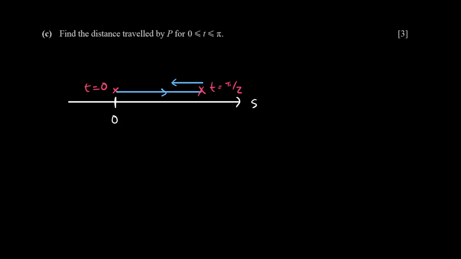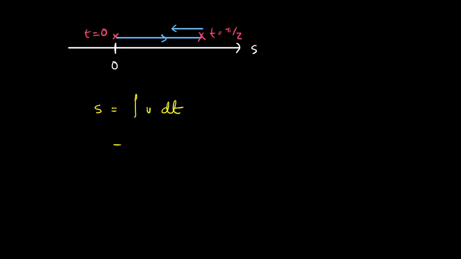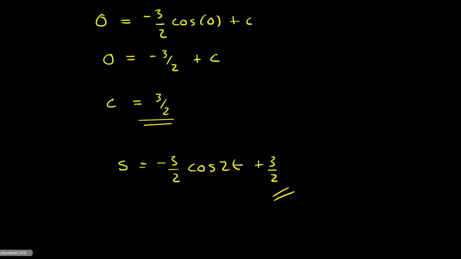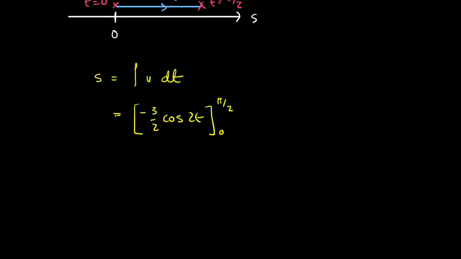Now let's do that. So s is equal to the integral of velocity with respect to time. And if we did that, we would get negative 3 upon 2 cos 2t, and then we've got to substitute in 0 and pi by 2. That would give us our displacement, right?